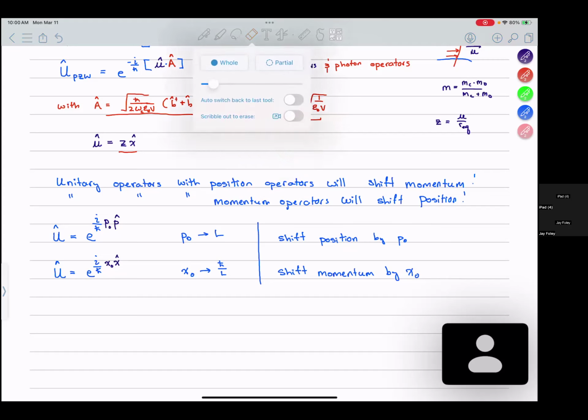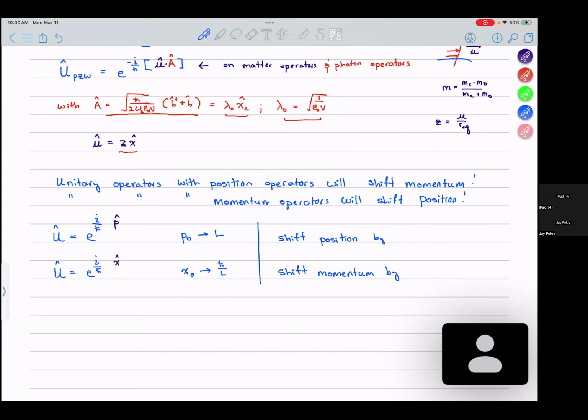If I had switched them, if I'd been thinking more carefully, this is how I would have written them. Where I'm going to apply this position shift to shift position by x naught.